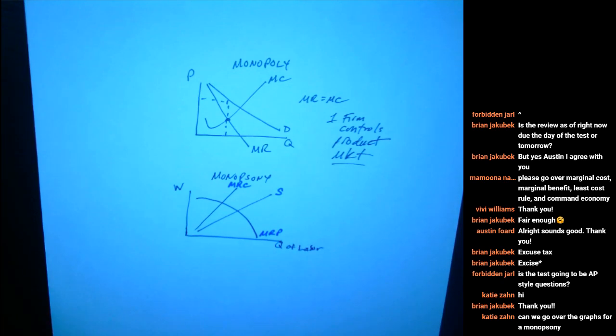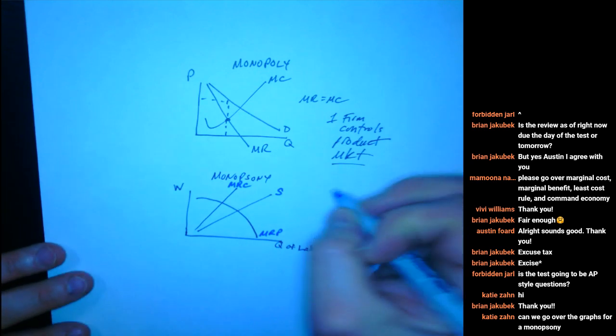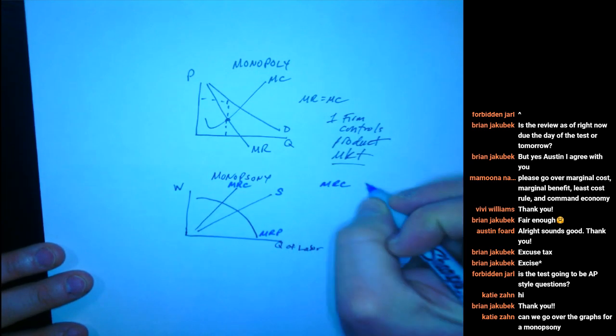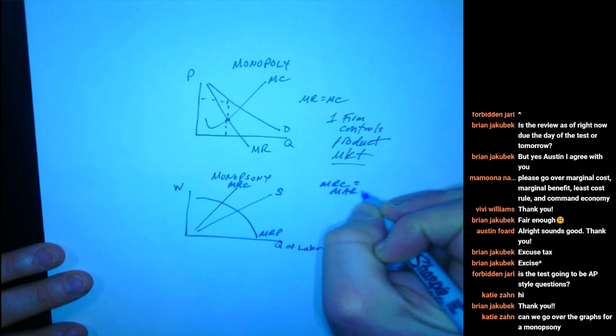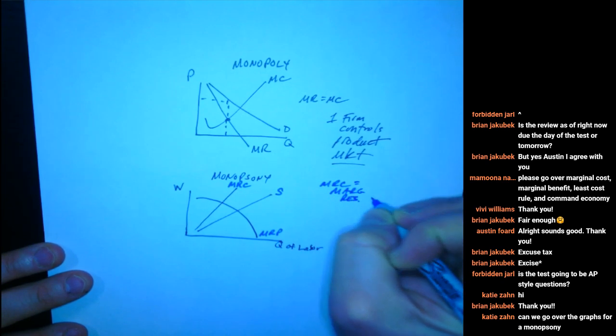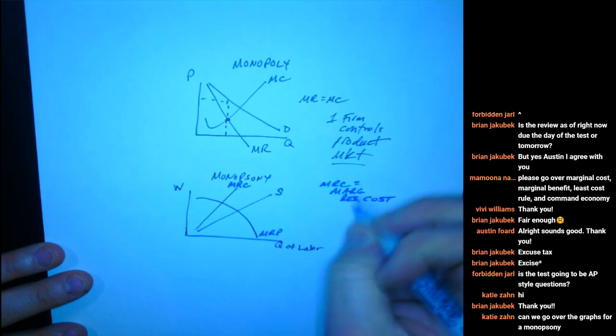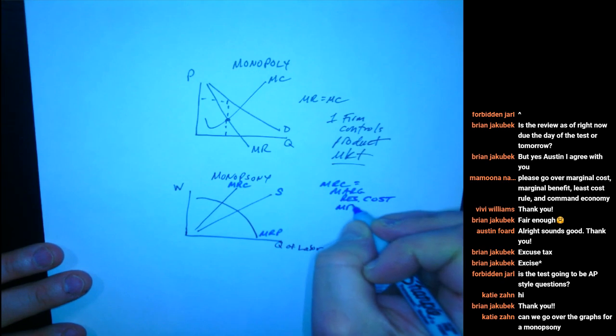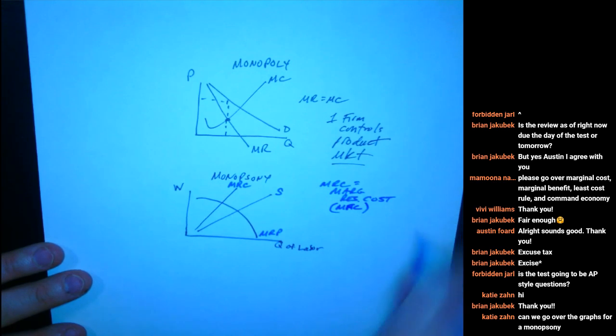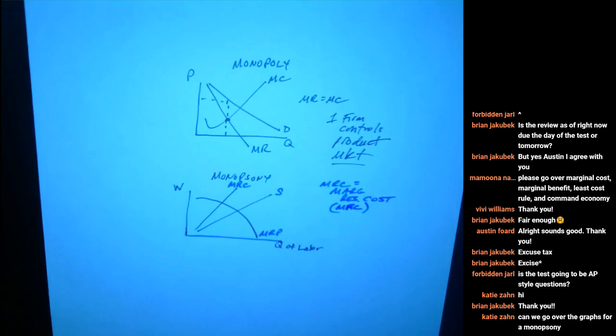So of course we're graphing this, but we want to know what it means. Okay, MRC, marginal resource cost, sometimes called MFC, marginal factor cost as well. Okay, so that's the cost of an additional resource.